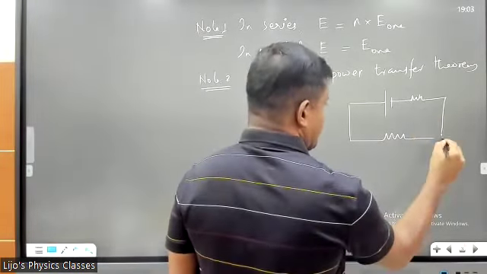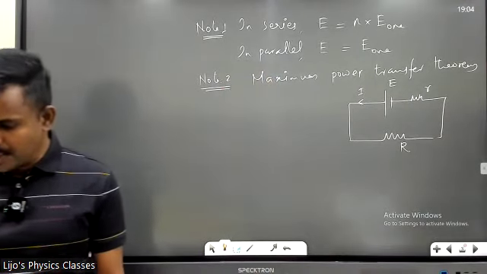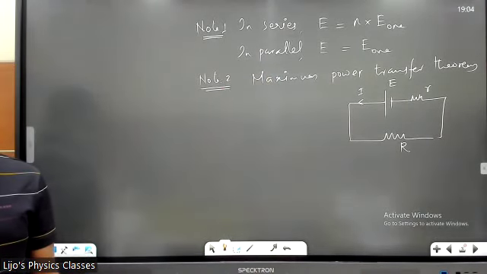Put the current. The current is coming out of it. The EMF is E. EMF is another name for voltage. Maximum power transfer theorem. I'll tell you the statement of the theorem only.